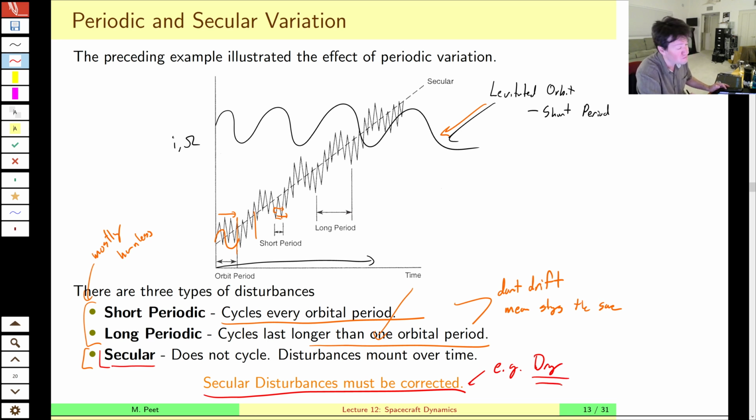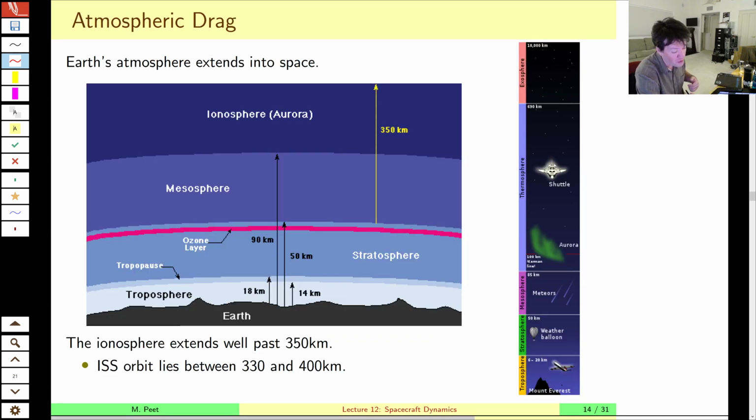The gravity perturbations are also a significant source of secular perturbations, but we're focusing on drag. So where does drag come from? Drag comes from the fact that space is not empty.